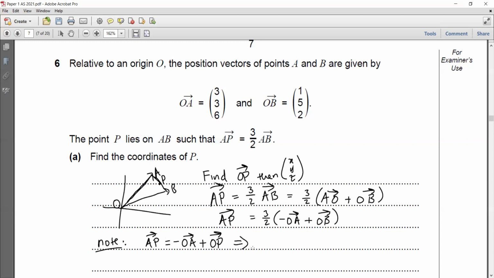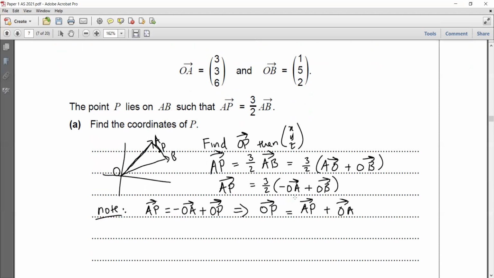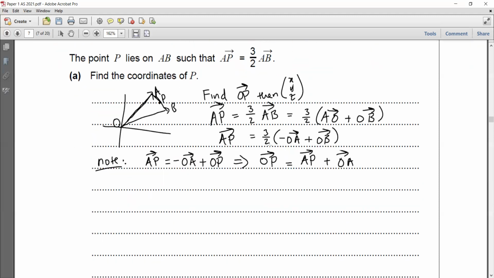If we change the subject of the formula, OP, which will help us find the coordinates of P, is equal to AP plus OA, as the negative goes to the other side.